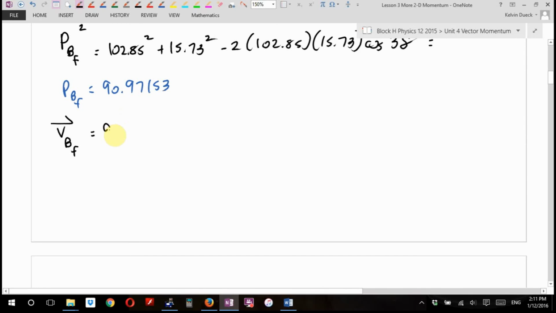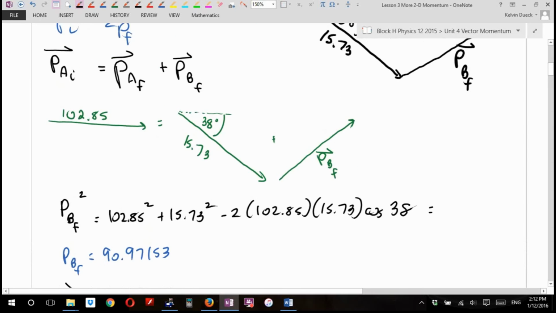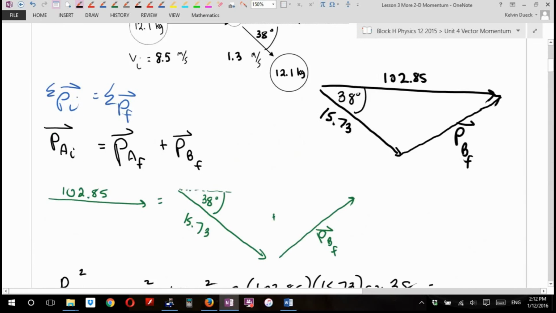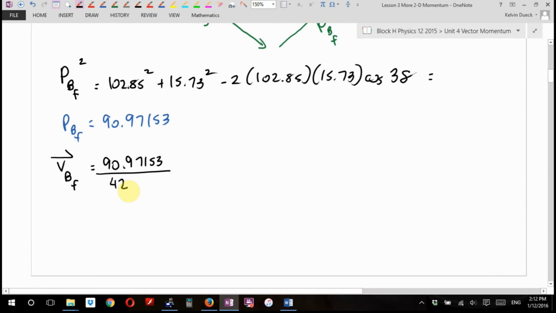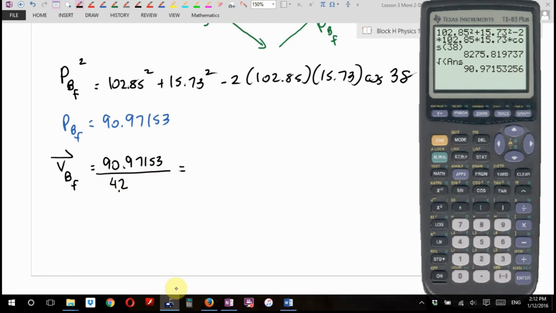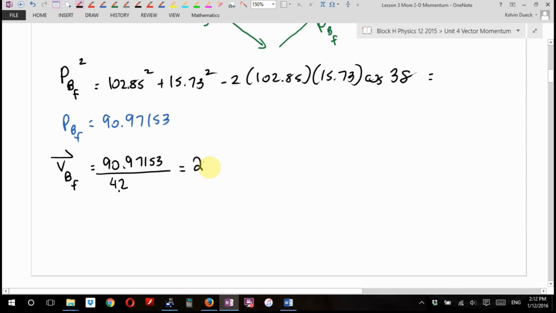So 90.97153 divided by, what was the mass of, make sure you use the right mass. Which mass? This is why I'm so careful with my labeling, because there's plenty of room to pick the wrong thing. Mass B, 4.2. And I get 21.7 meters per second.